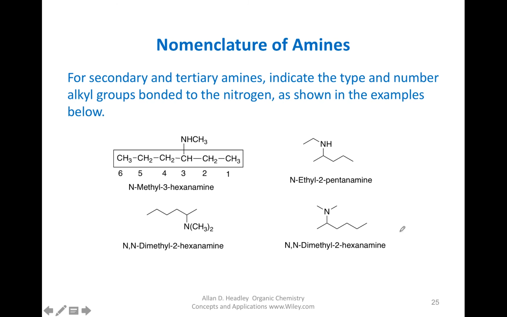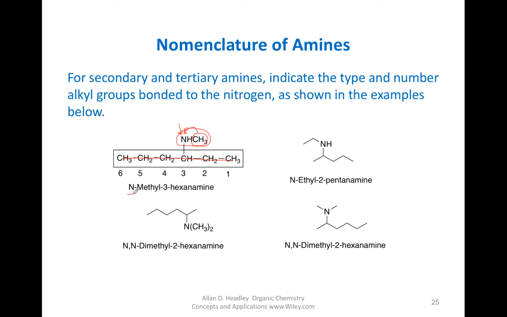So let us look at another type of amine here, and this is putting a group on secondary and tertiary amines. So here we still identify the longest chain that has the amine functionality. But notice, this amine is now secondary, so it has a group bonded to this nitrogen.